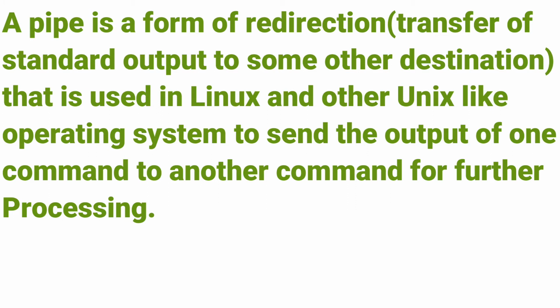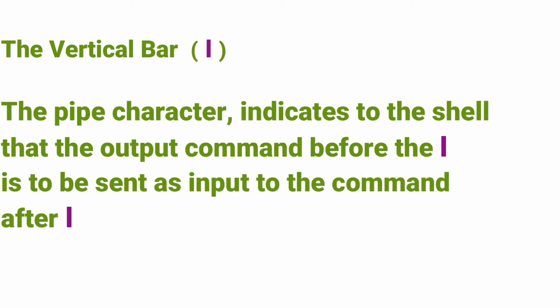The symbol that we use to connect the two commands is the vertical bar. The pipe character indicates to the shell that the output of the command before the vertical bar is to be sent as an input to the command after the vertical bar.